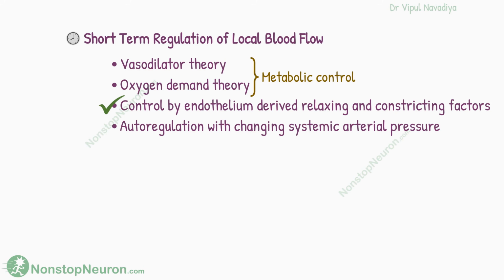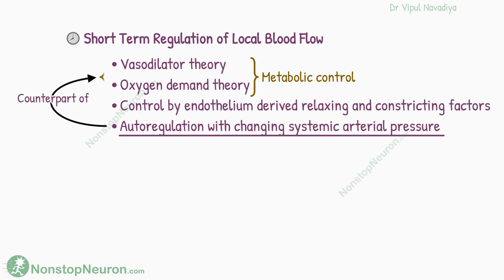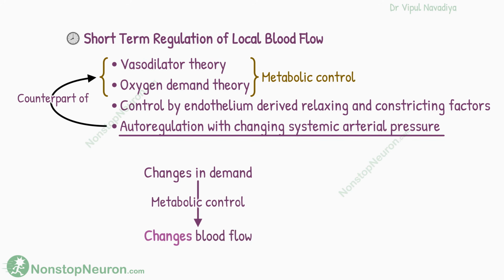This completes the control by endothelium-derived relaxing and constricting factors as well, but the show is not over yet. We haven't enjoyed the beauty of autoregulation yet. As I said in the beginning, each mechanism is interesting in its own unique way, and autoregulation is no exception. This one is like the counterpart of metabolic control mechanisms. If there are changes in demand, metabolic control changes blood flow accordingly.